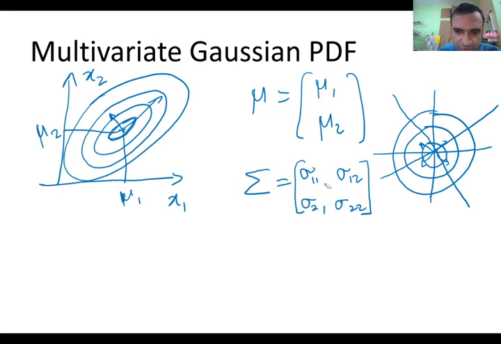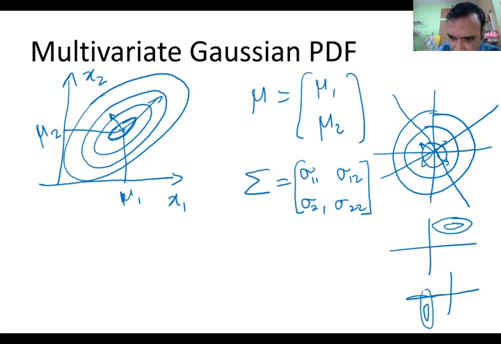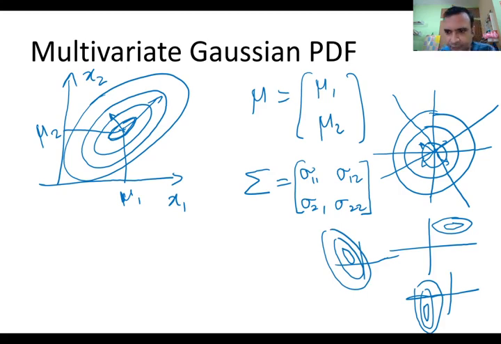If the off diagonal terms are 0, then it is going to be axis aligned. That means its elongation is going to be along the axis, and it will not be tilted. If sigma 1 2 and sigma 2 1 are non-zero, then you can have tilted ellipses.